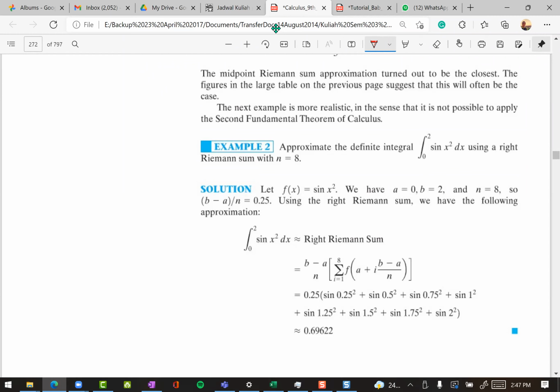This is exactly what we're trying to do: the integral of sine x squared from 0 to 2, using the right Riemann sum with n equals 8. A is 0, B is 2, n is 8. So the length of delta x is 2 divided by 8, so a quarter.